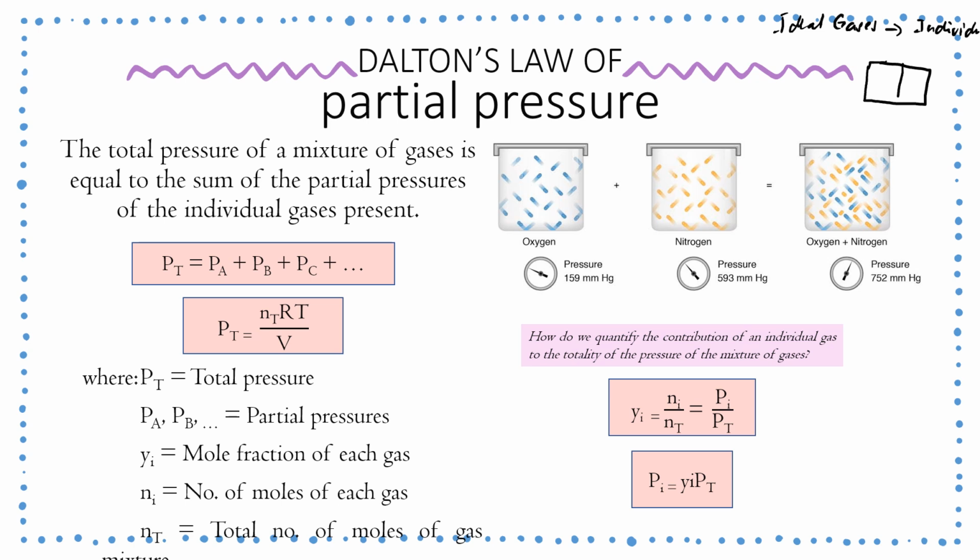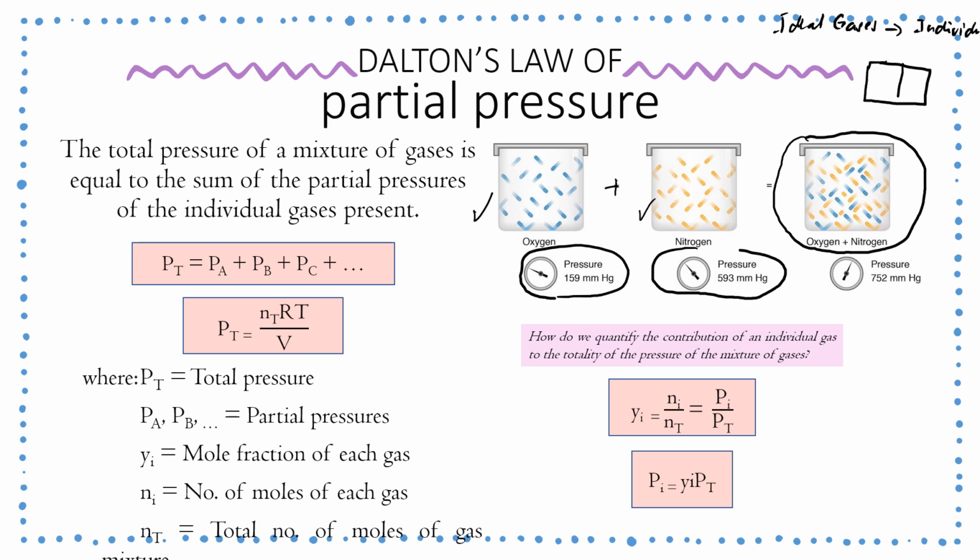the total pressure of that mixture of gas is equal to the sum of the partial pressures of the individual gases present. For example, we have oxygen. If we add nitrogen into one container, the total pressure is just the sum of the pressure exerted by the oxygen and the pressure exerted by the nitrogen.